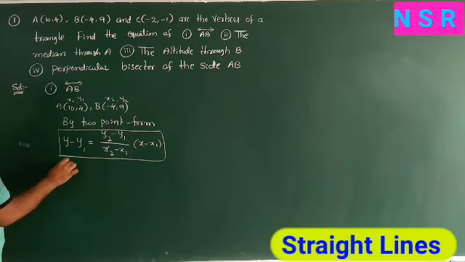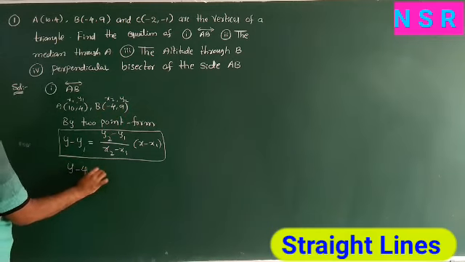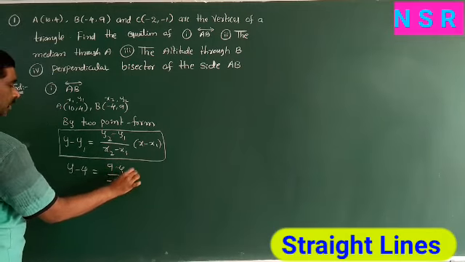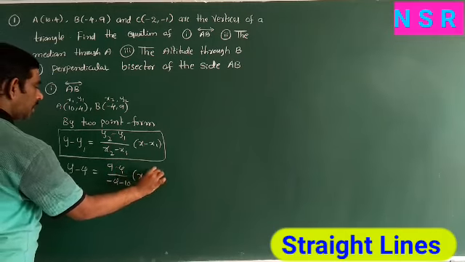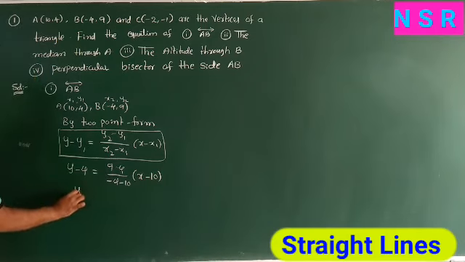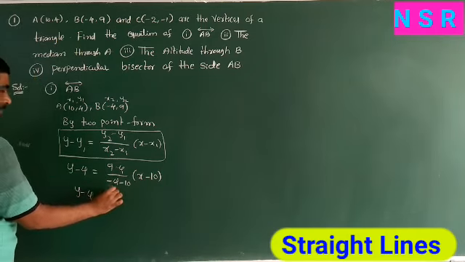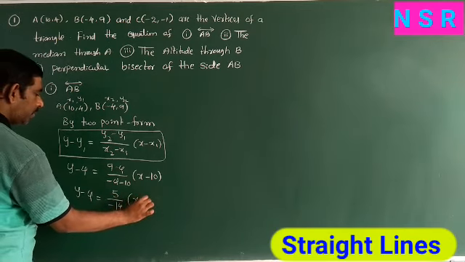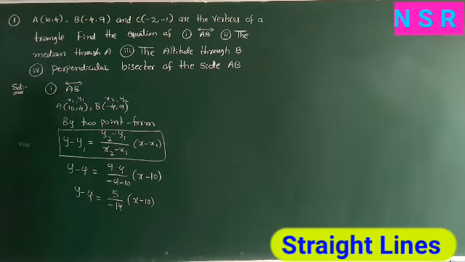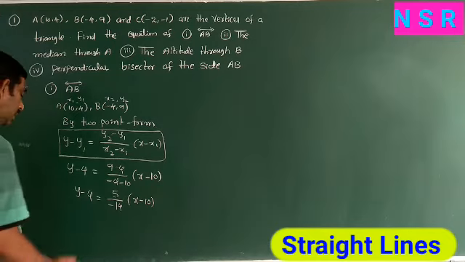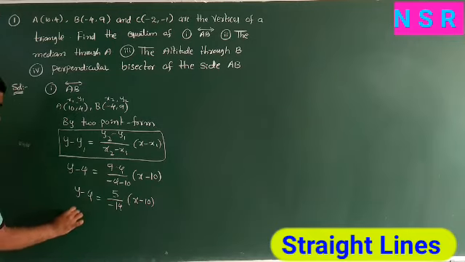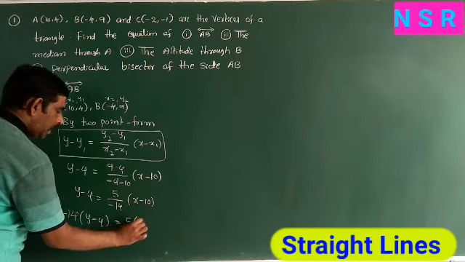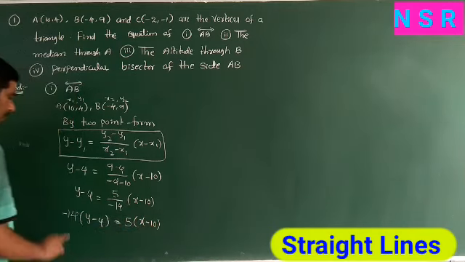Now substitute the values. y minus 4 equals (9 minus 4) which is 5, by (-4 minus 10) which is -14, into (x minus 10). Multiply -14 on this side: -14 into (y minus 4) is equal to 5 into (x minus 10).